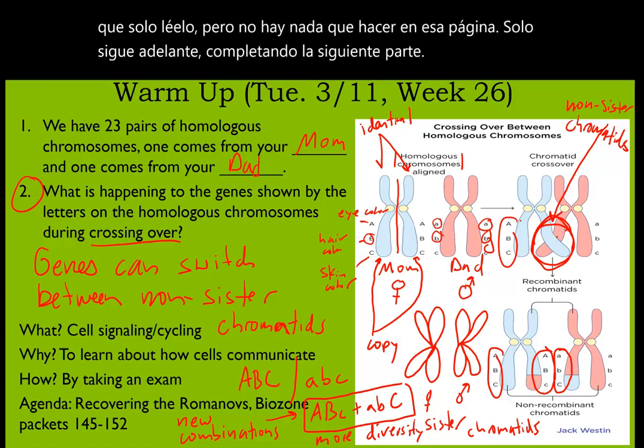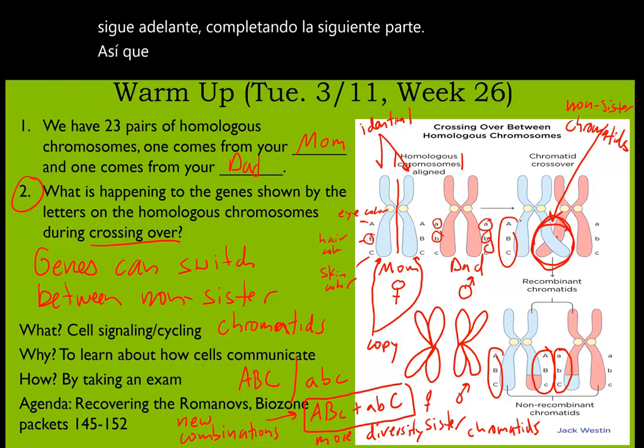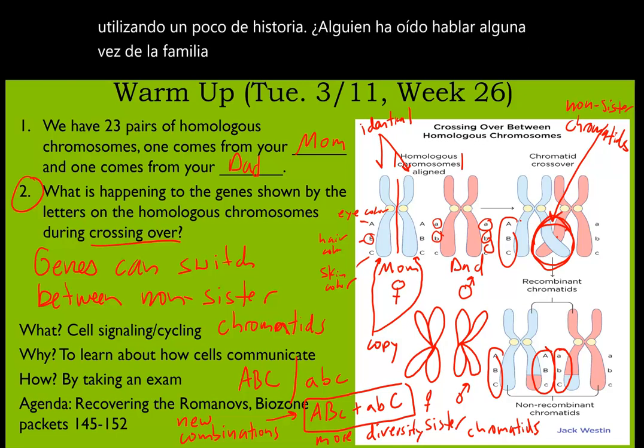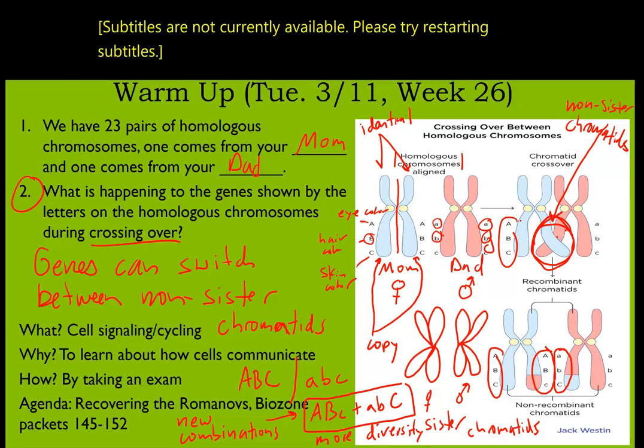So I want to go over some basic concepts in genetics using some history. So has anybody ever heard of the Romanov royal family before? Does that ring a bell? What do you know about the Romanovs, Denise?